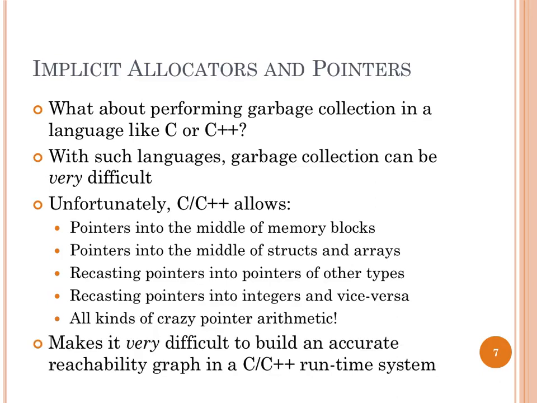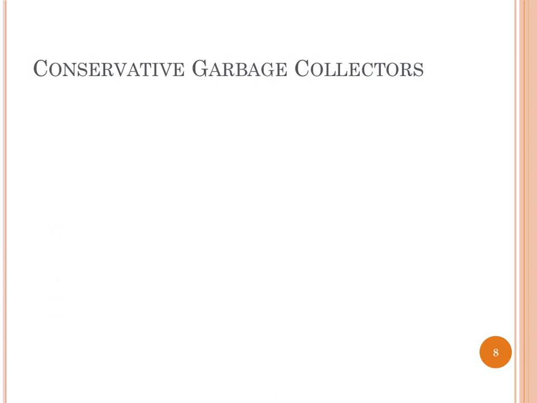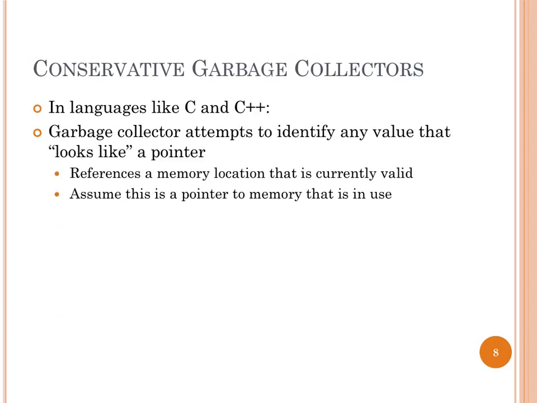So this makes it difficult to figure out what is a reachability graph. Okay? How do I know what is a pointer in the first place or isn't a pointer? And then once I know that, how do I figure out what's accessible from other things? So what we do in these languages is basically identify anything that could be a pointer, even if it's an int.